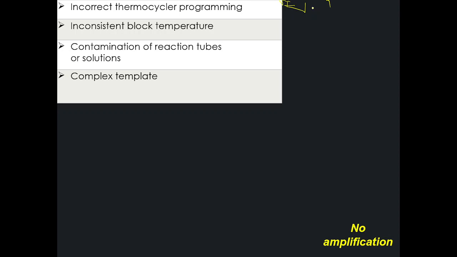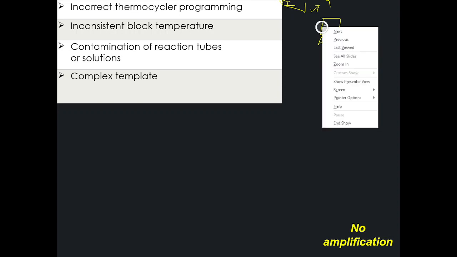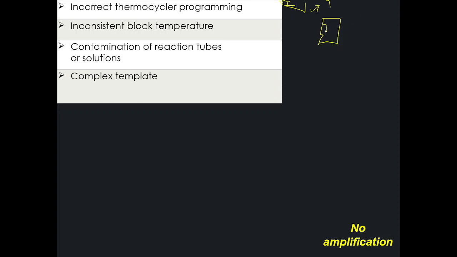So it is always advisable that when you put your samples in the thermal cycler, wait for 2 or 5 minutes and see that it is working fine. Most of these thermal cyclers now come with an LCD display, so whatever reaction is occurring can be easily seen from outside. They can show you which cycle is running. Look for the block temperature.